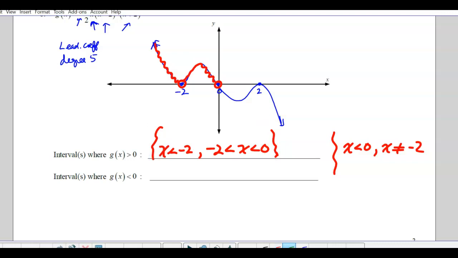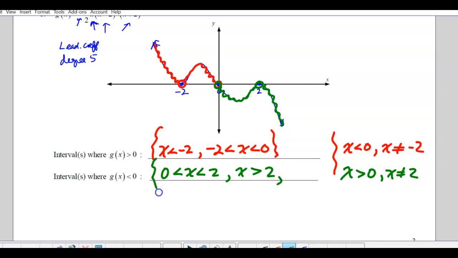Then I'll use green for less than 0, so that would be all of this, not including this, right? And those, so that would be between 0 and 2 and x greater than 2. Or, as I said, x greater than 0, where x cannot equal positive 2.